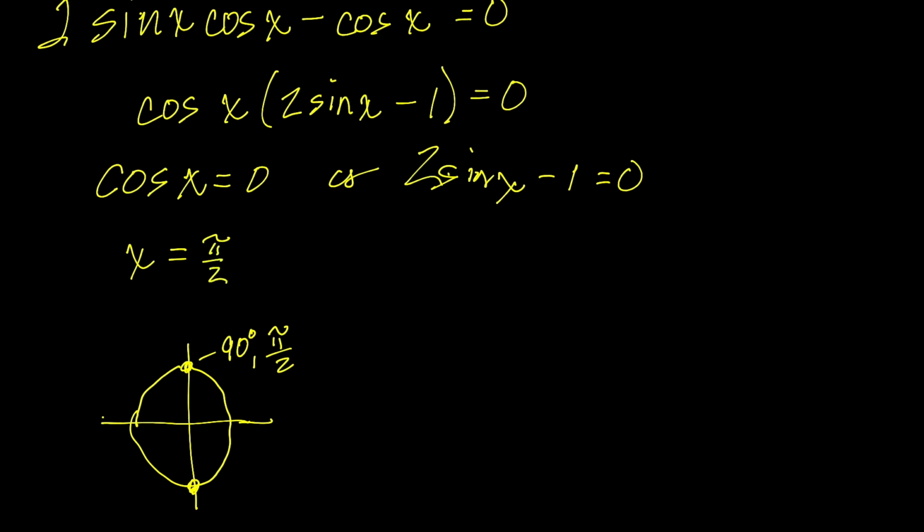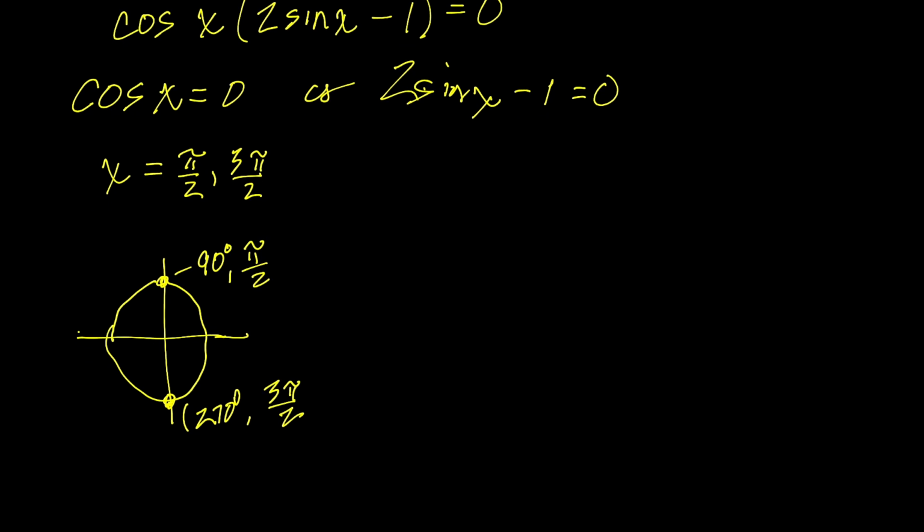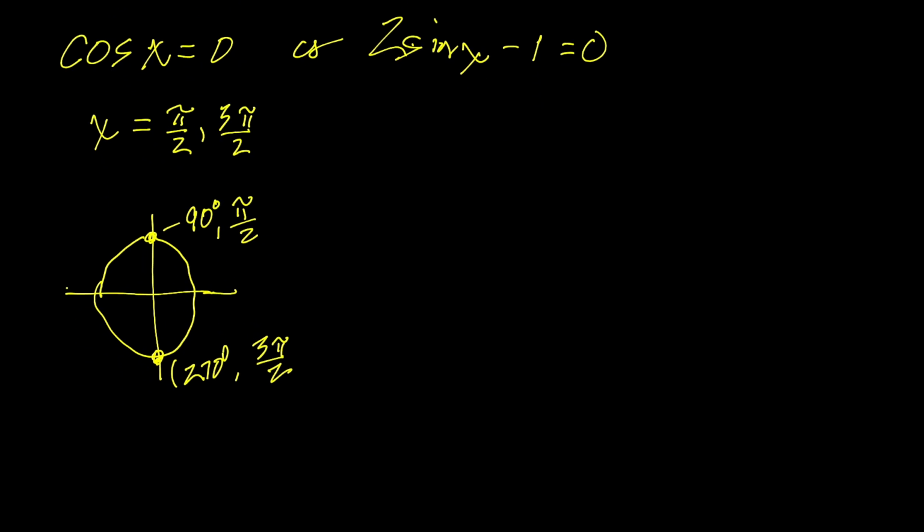And it is also 0 down here at 270 degrees. But we usually call that 3 pi over 2. So 3 pi over 2. And again, we restrict our range to just one revolution around the unit circle.